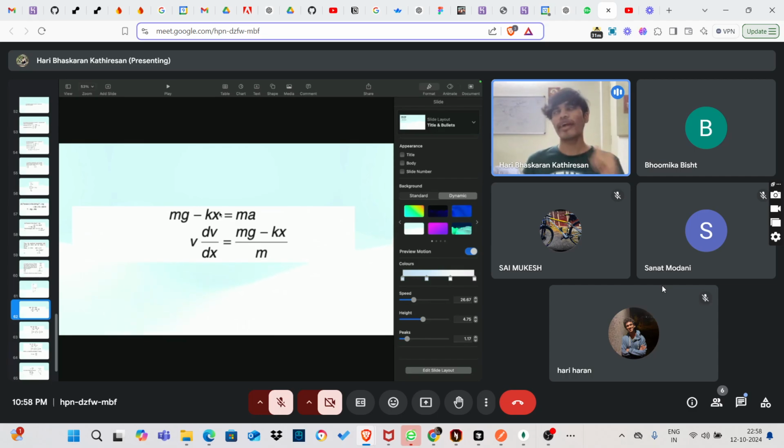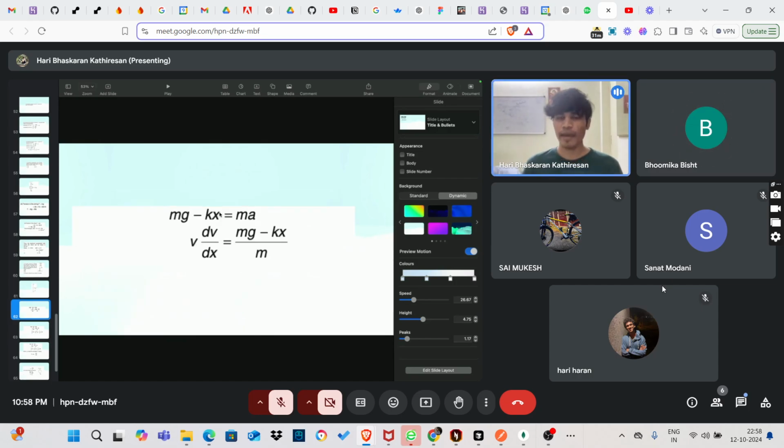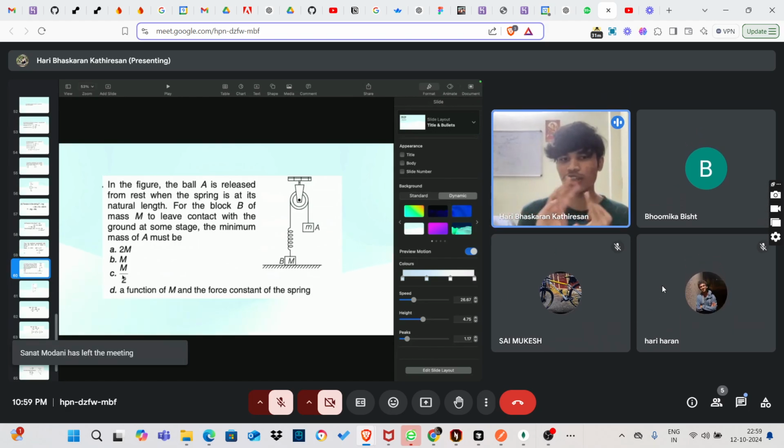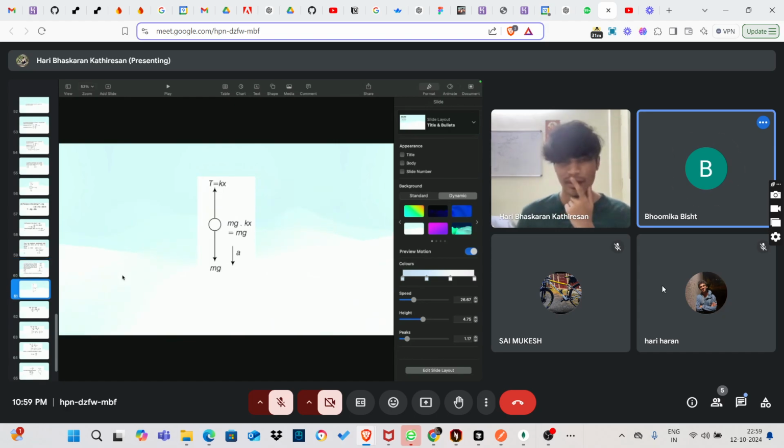So now we have x, right? How do you think we can solve for x? They asked for m in terms of capital M. Now you have the equation of the first mass, the equation of the second mass, and you also have x. So how do you think we handle x?